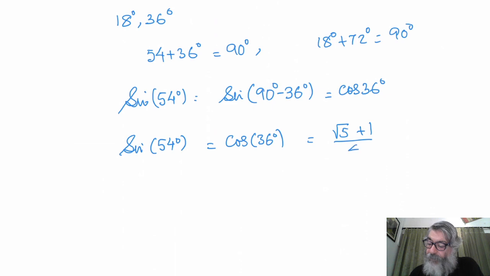So sine 54 degree will be equal to cos 36 degree, which is equal to root 5 plus 1 upon 4.